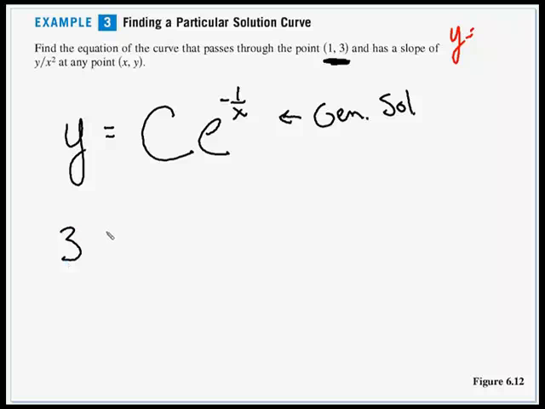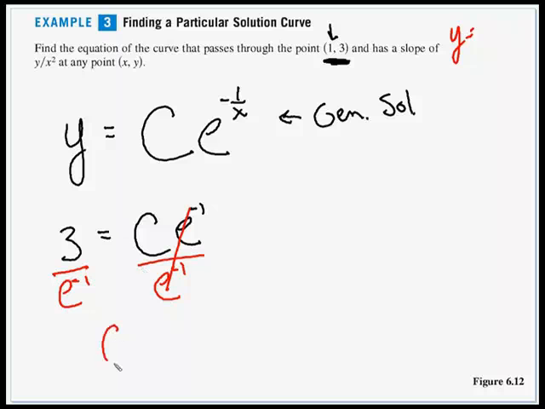So our y is replaced with a 3, c is what we're solving for, e raised to the power negative 1 over x, and x is 1. So that's 1 over 1, or 1, and it's negative 1. We're solving for c, so of course we want to divide by e to the negative 1 power.